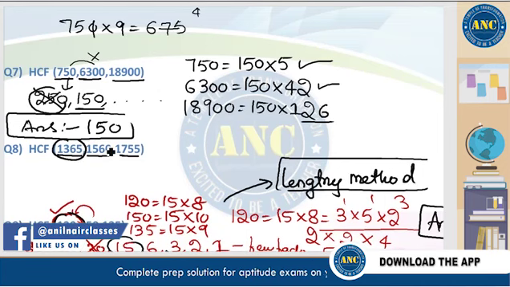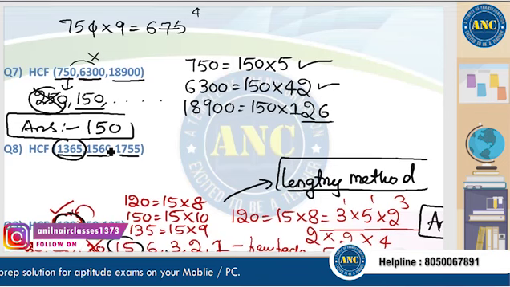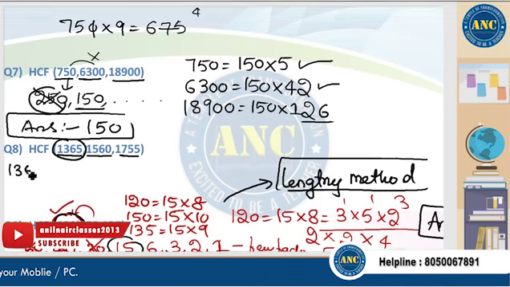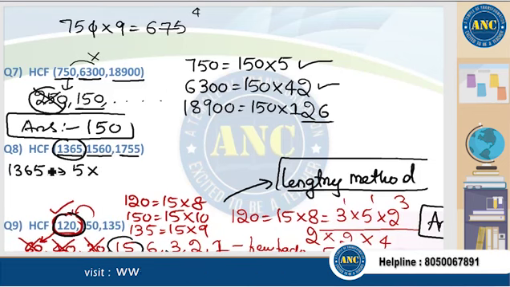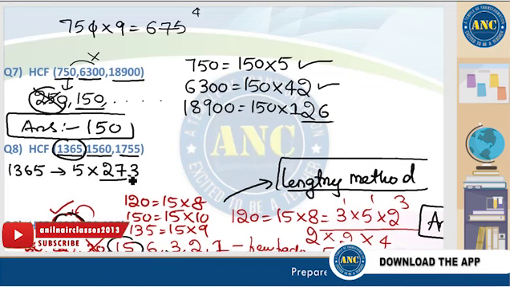1365 will not divide 1560. So let us take the factors of 1365. 5 into 273: 5 2s are 10, 5 7s are 35, 273.